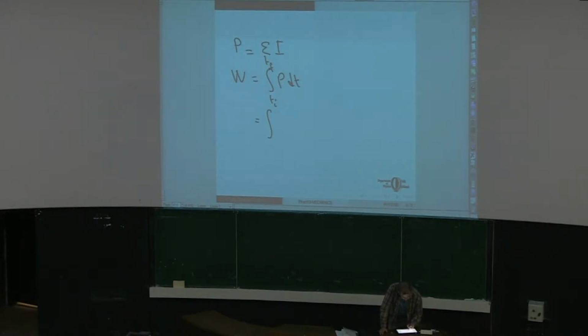We have the power, epsilon is L di by dt times I times dt. You can just imagine to cancel these things, and what we have is L integral of I di. This is 1 over 2 L I squared, or delta I squared.